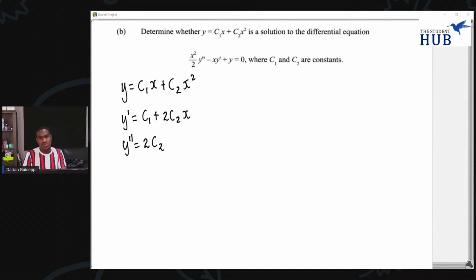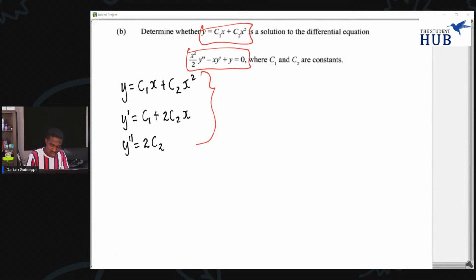And all we need to do now to show that this is a solution of this differential equation is plug these three equations into the differential equation. If it gives us 0, then we know this is the solution to this differential equation. Everybody understand that? I'm just talking about it right now.